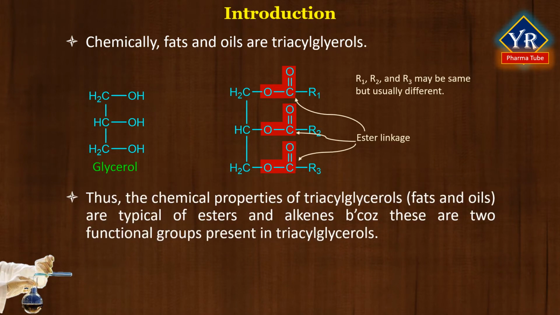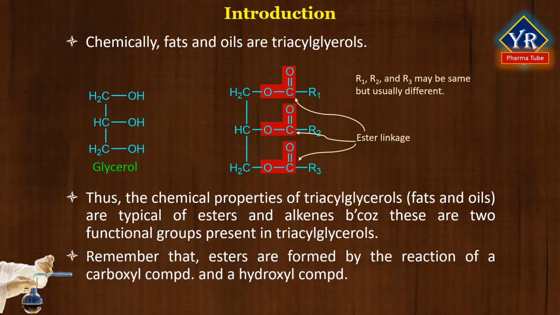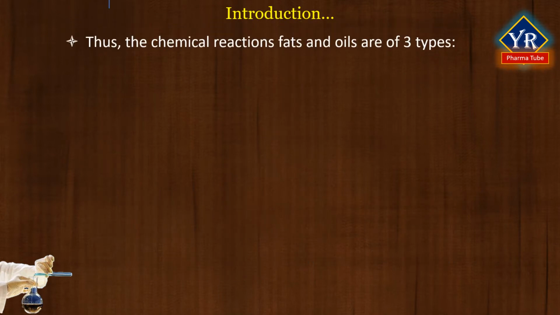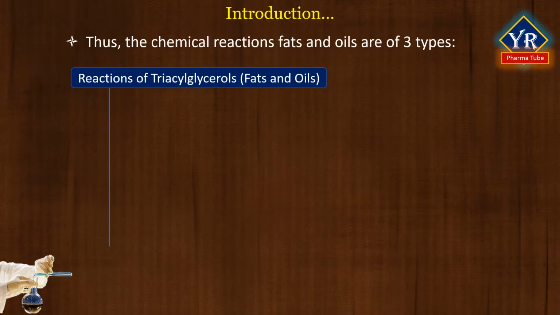Thus, the chemical properties of triacyl glycerols are typical of esters, alkenes and alcohols because these are the 3 functional groups present in triacyl glycerols. We should also remember that esters are formed by the reaction of a carboxyl compound and a hydroxyl compound. Thus, the reactions of fats and oils may be of 3 types.